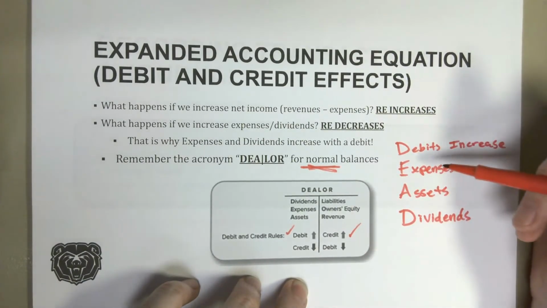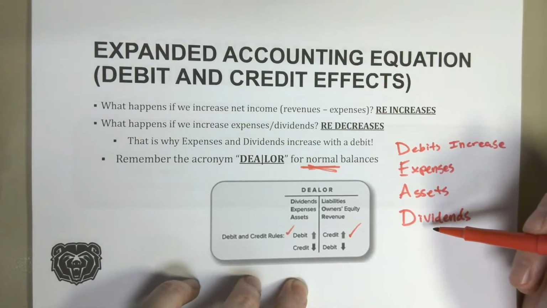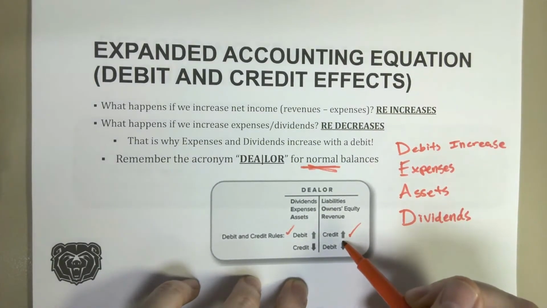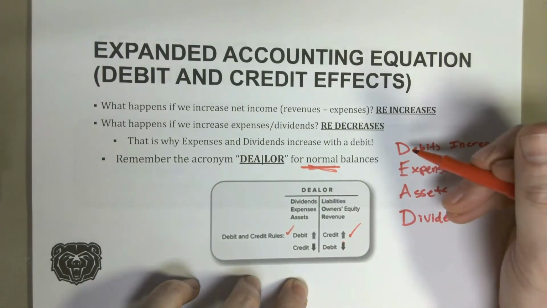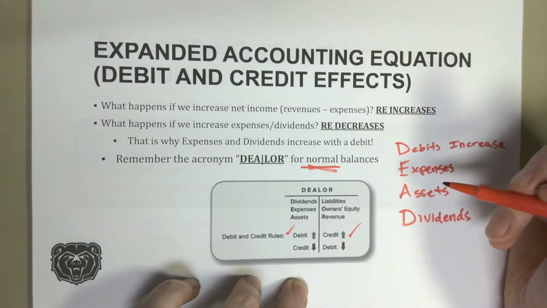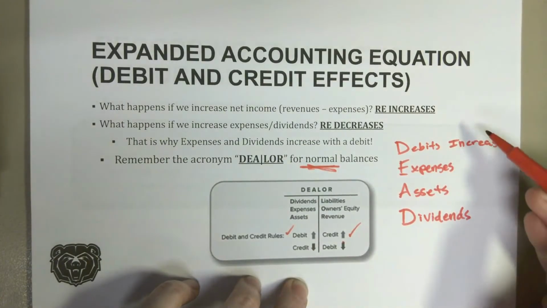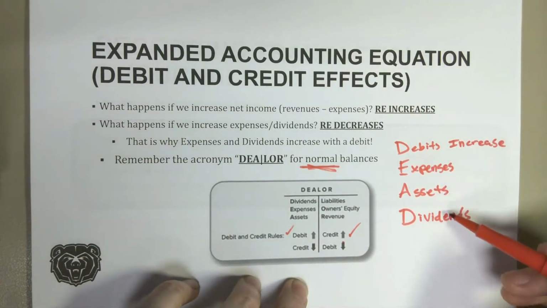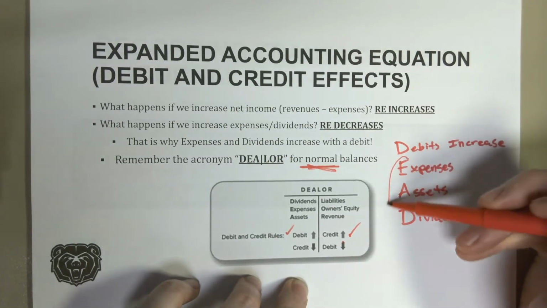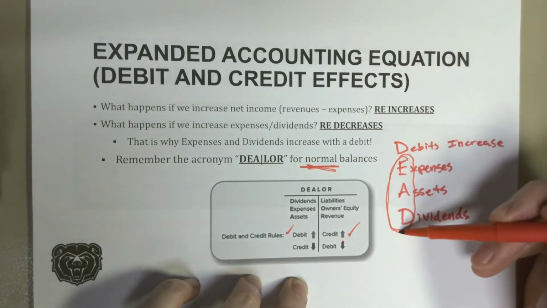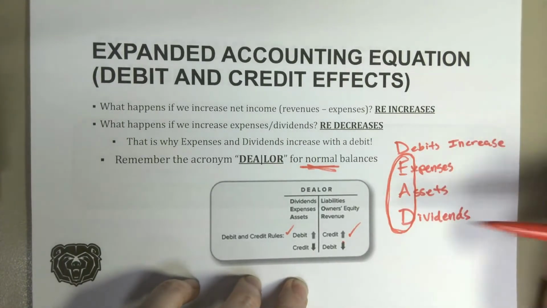If it is not an expense, an asset, or a dividend, it increases with a credit, okay? So if it's a liability, is it in your DEAD acronym? No, then it increases with a credit. Is owner's equity inside of our DEAD acronym? Is it an expense, an asset, or a dividend? Nope, then it increases with a credit. These are the only three account types that are going to increase with a debit, okay?